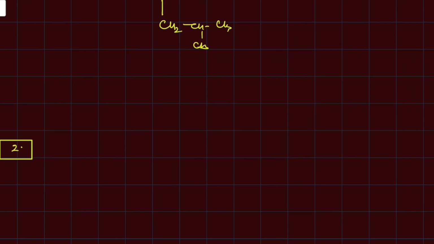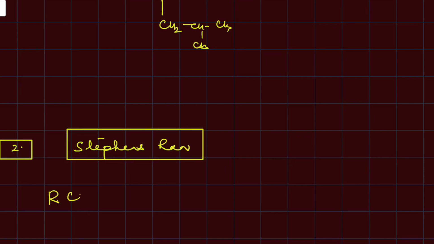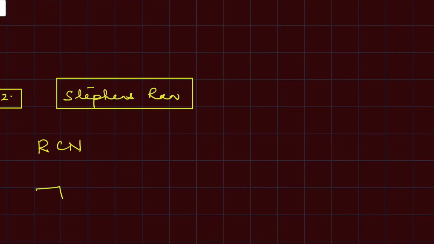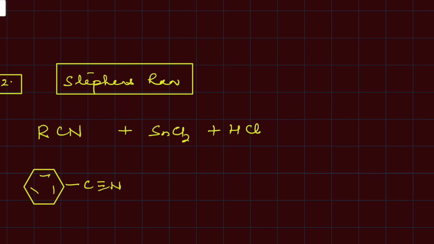Second, again from nitriles, Stephen's reaction. In Stephen's, you take a nitrile, aliphatic or aromatic, and react it with a reducing agent SnCl2 plus HCl, and it first partially gets reduced to an imine.